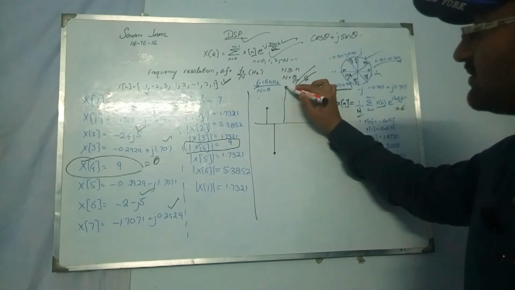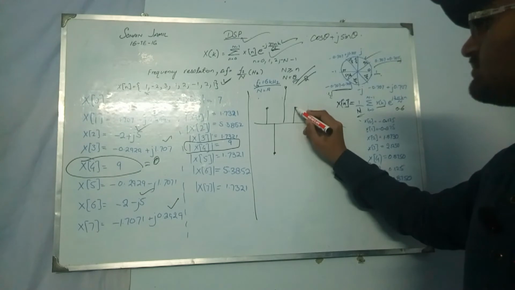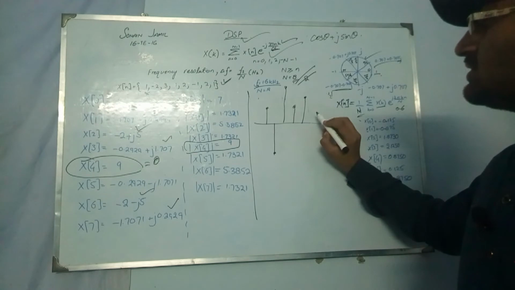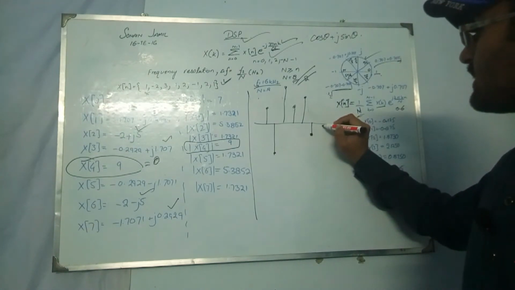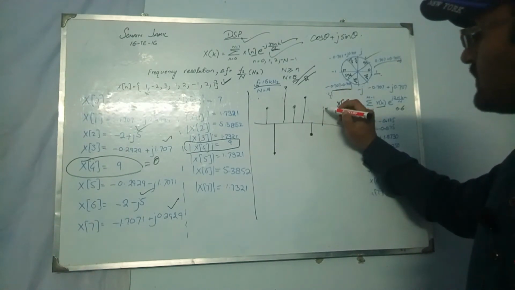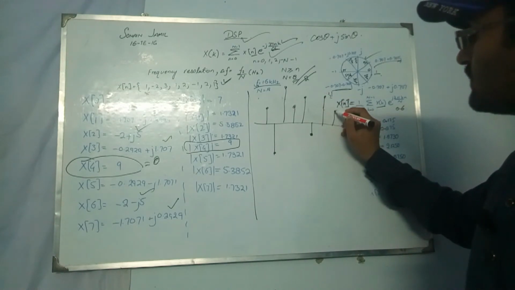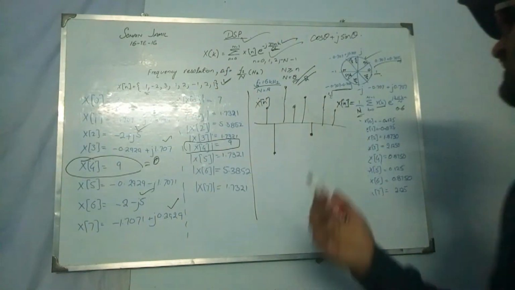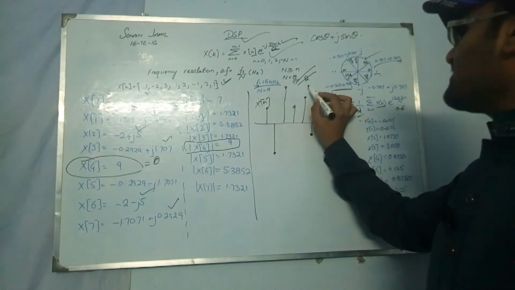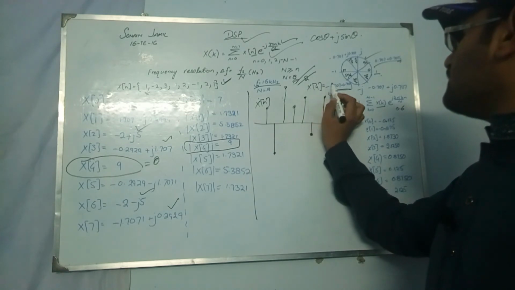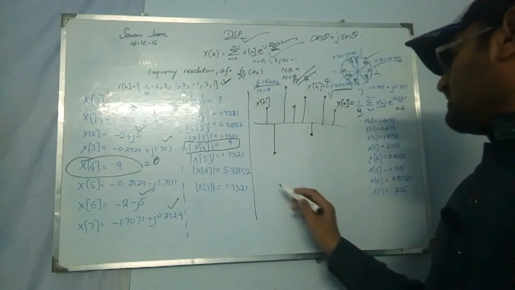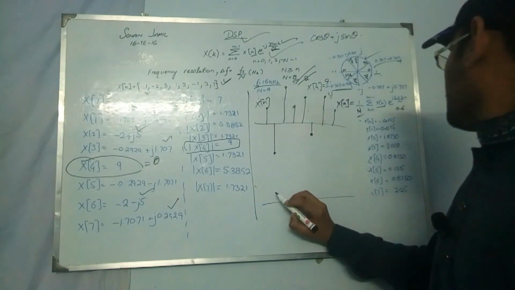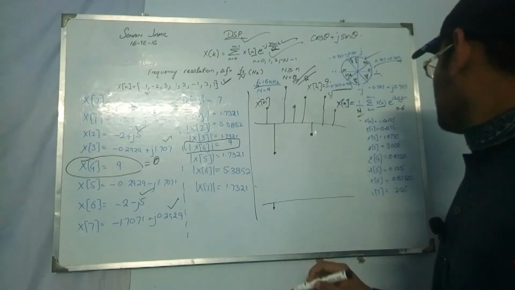In the beginning, this is the original x of n when x of 4 is equal to 9, and the other one is just simple.